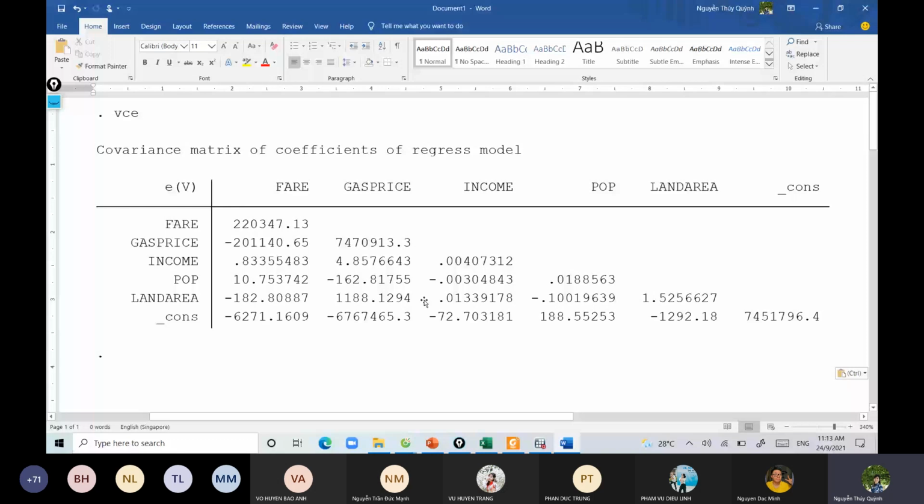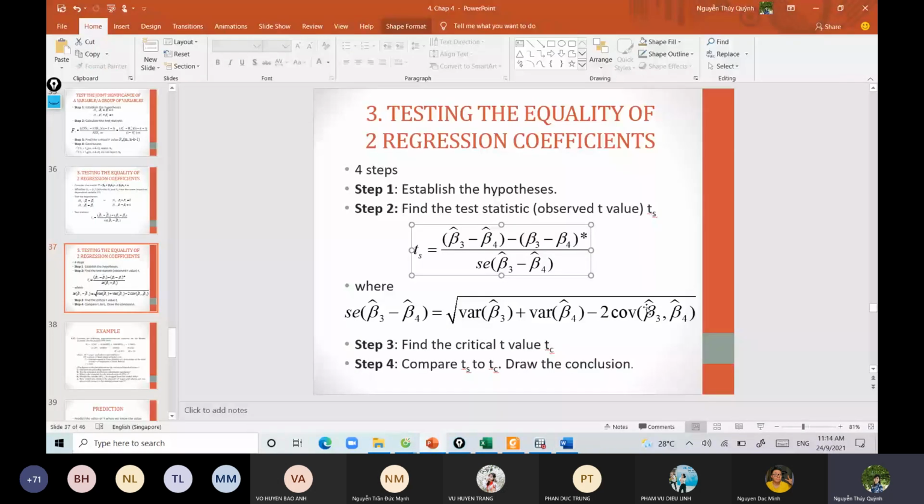You can find the covariance of those regression coefficients by looking at that matrix, and just plug in the number here, you will get the standard error of the regression coefficient. And then find the critical value of t and compare the value of ts to tc and draw the conclusions.